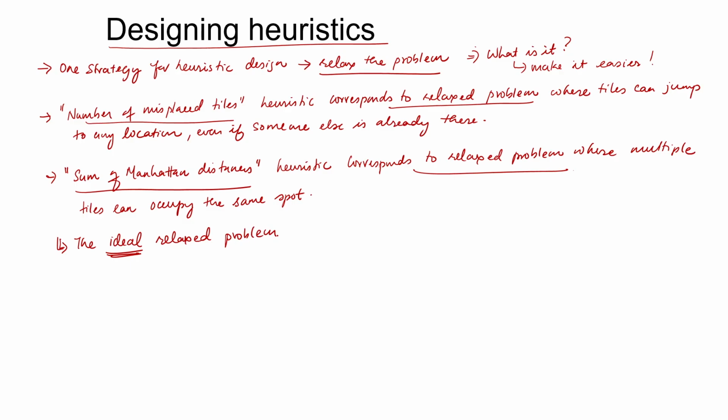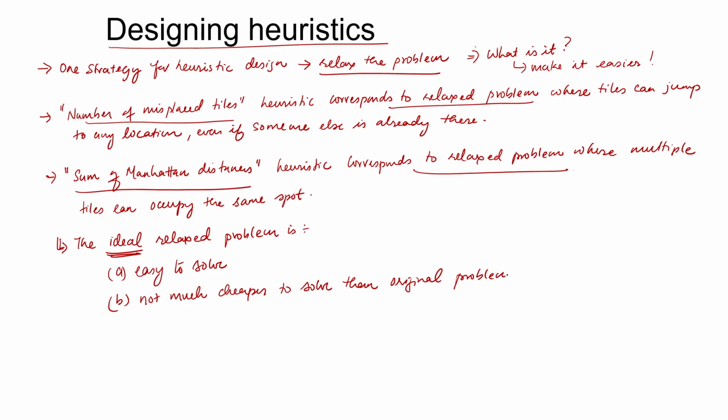The ideal relaxed problem is A, easy to solve, B, not much cheaper to solve than the original problem. Okay. So, the ideal relaxed problem is easy to solve, that is the first one. It is not much cheaper to solve than the original problem, cheaper in the sense of computational requirements and other things. Okay.